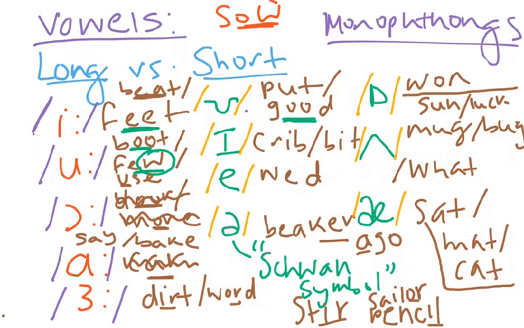And here is another example of the W acting like a vowel. Another example would be the word dote, or the word toe.